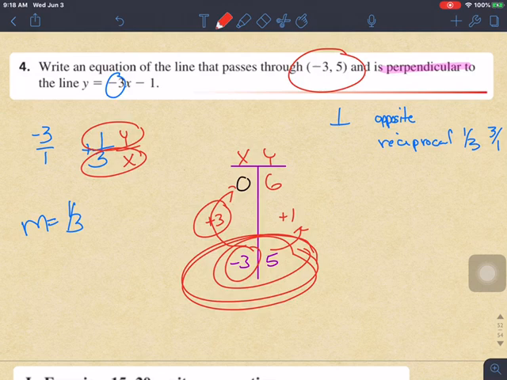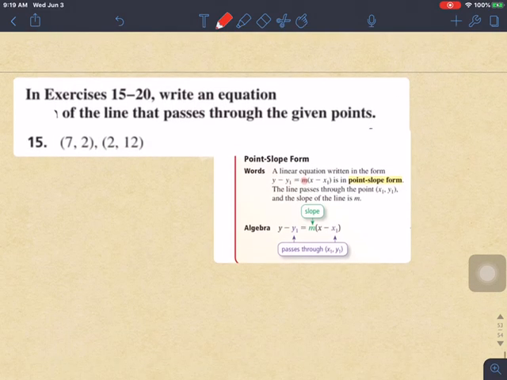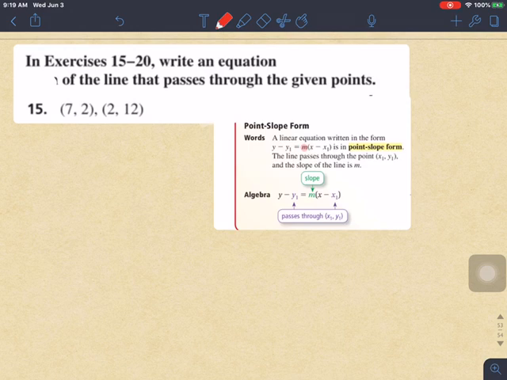So here it is. y equals 1/3 x, and we happen to figure out mathematically using slope that our y-intercept is 6. You could have also graphed this to figure this out, but this is a way to do it that way. And then lastly, writing an equation in point-slope form is actually pretty easy.